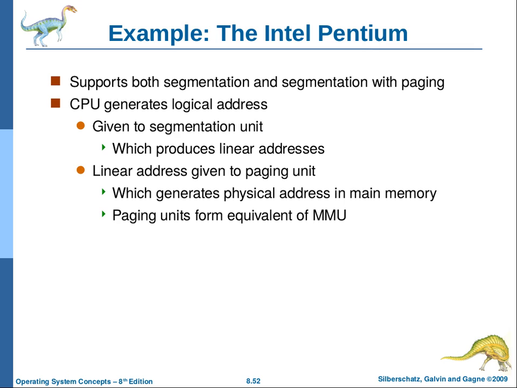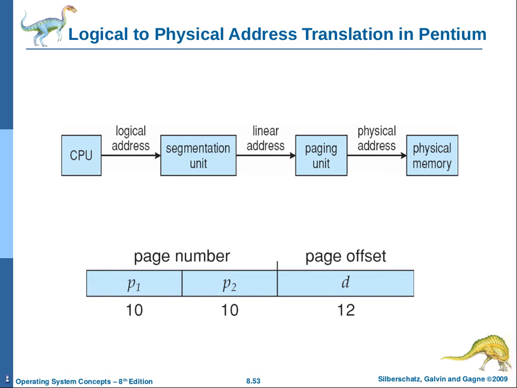They have the MMU, the Memory Management Unit. The CPU has logical addresses, and the segment unit produces a linear address. Paging units form the equivalent of the MMU. Intel has hardware support for this. That's all that really matters here.